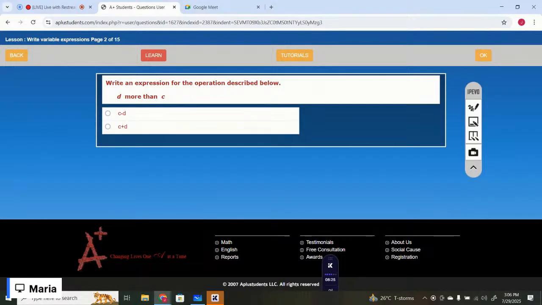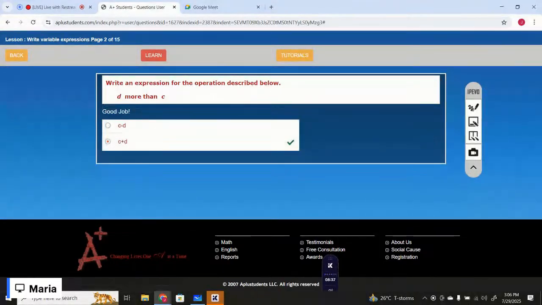Write an expression for the operation described below. D more than C. That would be C plus D. Option number 2 is the correct option.